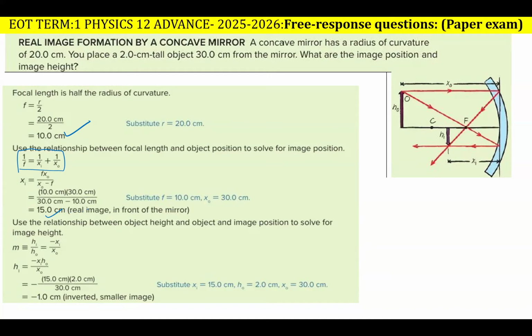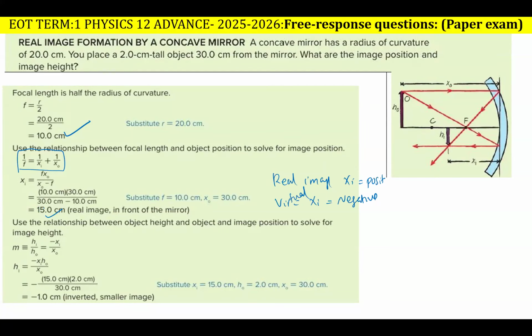For a real image, xi will always be positive. For a virtual image, the image distance xi will be negative. So here we get xi as positive, so it's a real image.